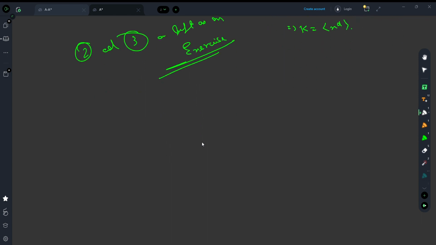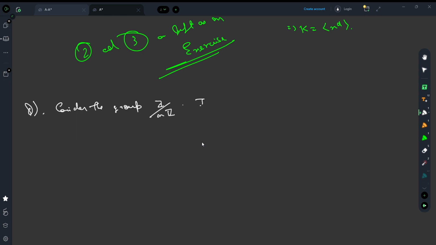One more observation. What can we say about the inclusion of cyclic groups in Z mod NZ? So, question: consider the group Z mod NZ. I'll give the answer to it.